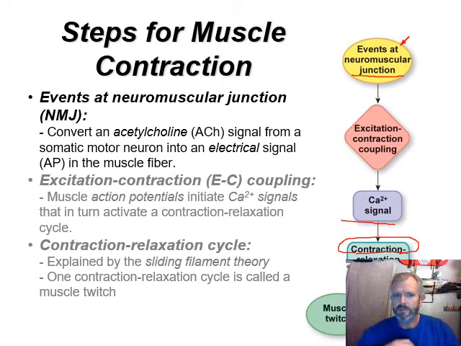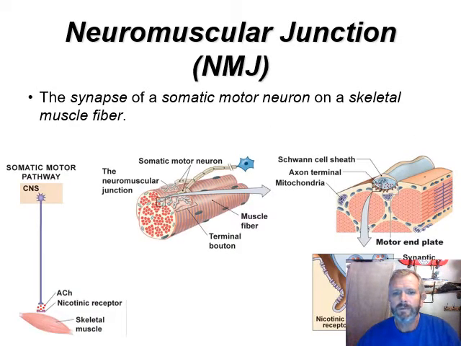We have the little synapse with the muscle, and that forms the neuromuscular junction, the synapse between the motor neuron and the membrane of the muscle fiber. So here's that setup. Here is the neuron coming in and talking to the muscle. This is the neuromuscular junction formed here.